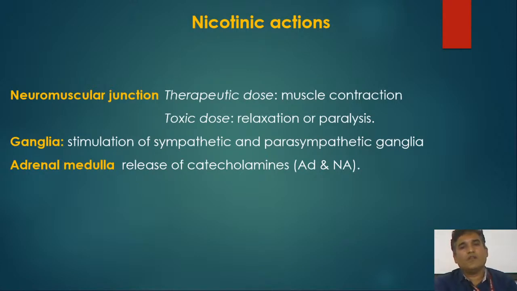When we discuss the nicotinic receptor, it acts on the neuromuscular junction, and at a therapeutic dose causes muscle contraction, and at a toxic dose, because of persistent depolarization of the muscular end plate, it causes paralysis, continuous relaxation and paralysis.